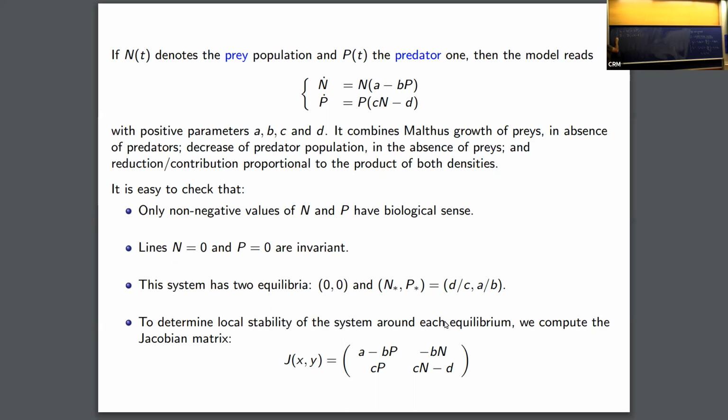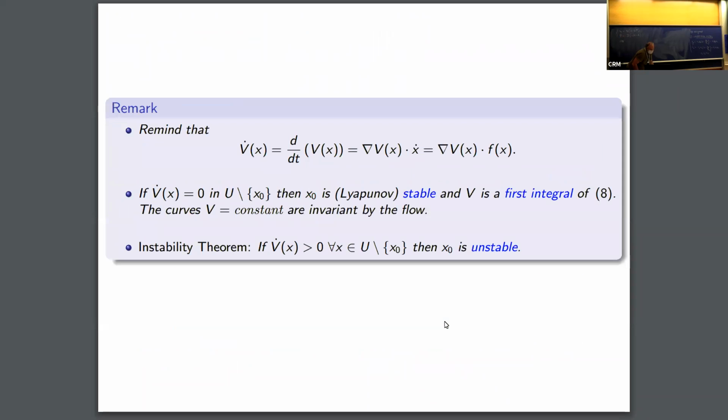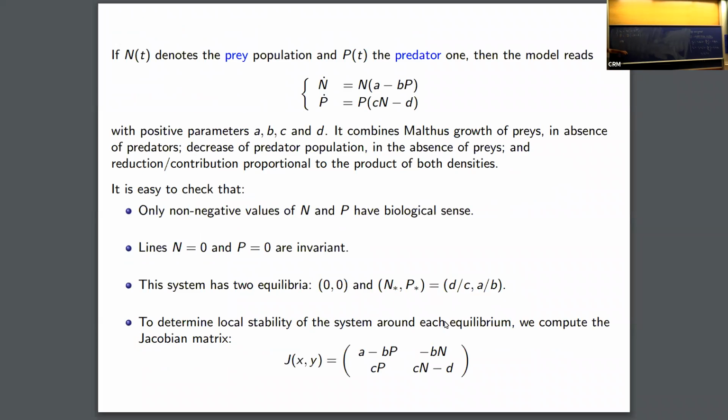And let me just manipulate this expression in order to get my Lyapunov function. How can you do it? Okay, this is the derivative of N, let me check which is the expression I want to choose. Okay, don't look at here. This is my derivative.